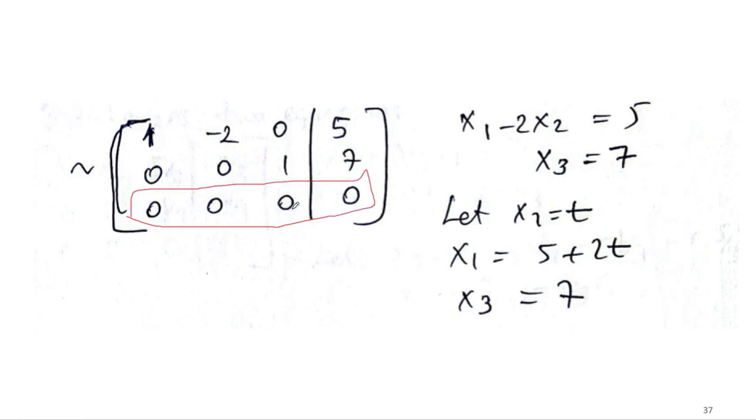But this means it is always a true statement, because 0 equals 0. That's always true, right? What we imply here is always true.